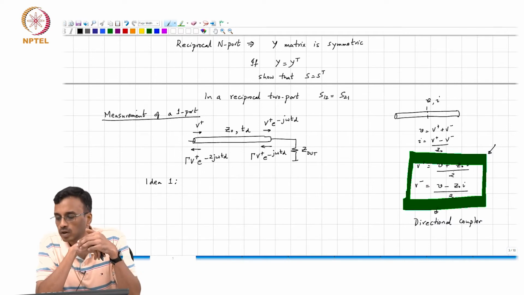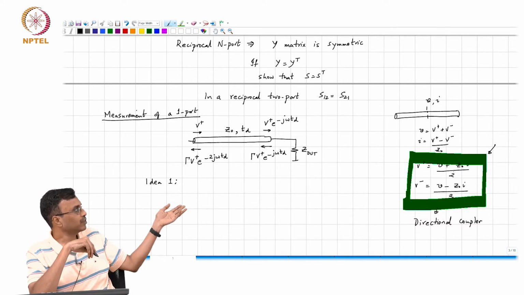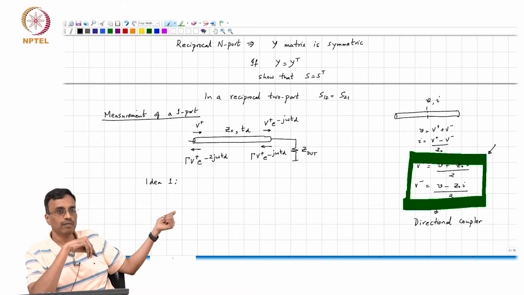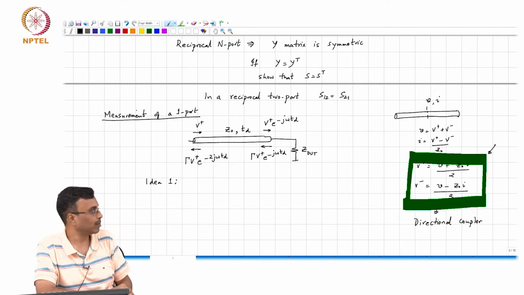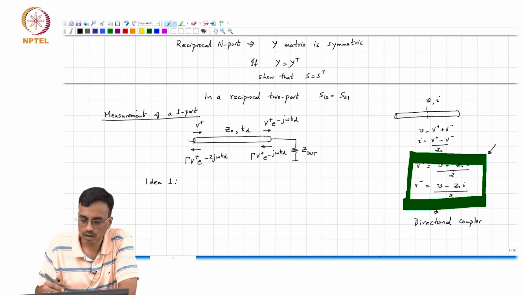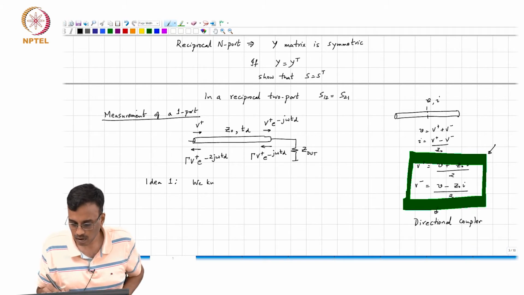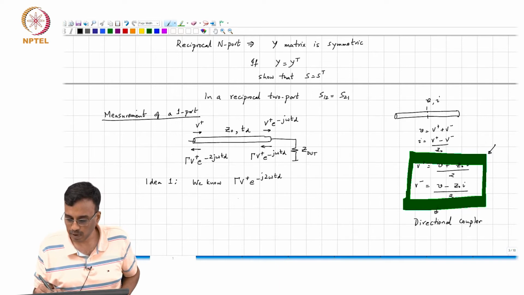So the idea is, if we are able to separate out the forward and the backward going waves, which we will do using this magic device called the directional coupler, then how will we find the impedance? Well, we know the reflected wave is gamma V plus e to the minus j 2 omega T d, and we know V plus.